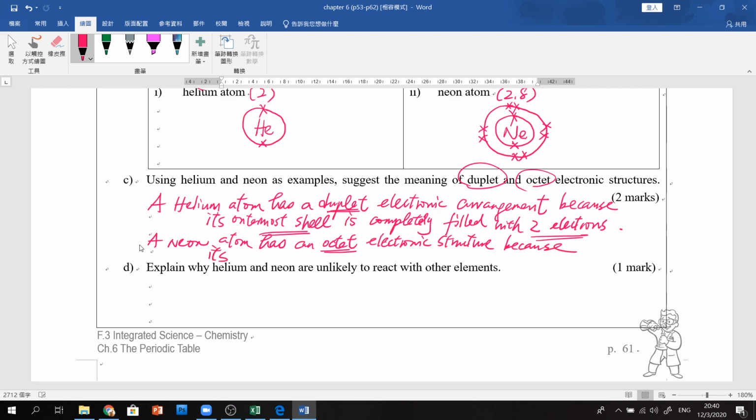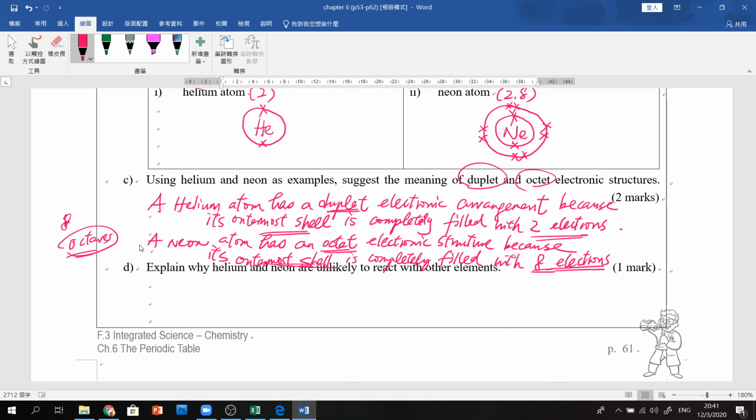Because its outermost shell is completely filled with 8 electrons. So the word octet will be that. That octet seems like the word octaves, right? In music, which means 8.